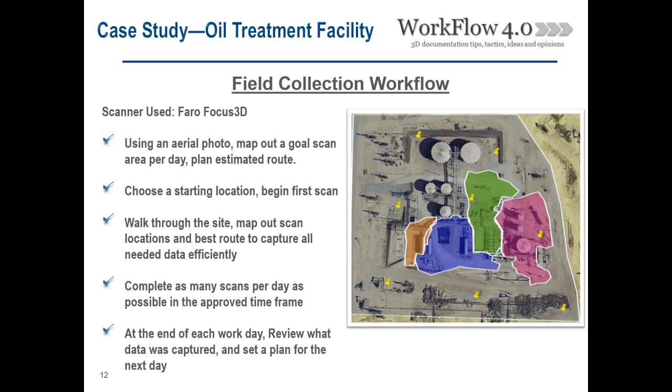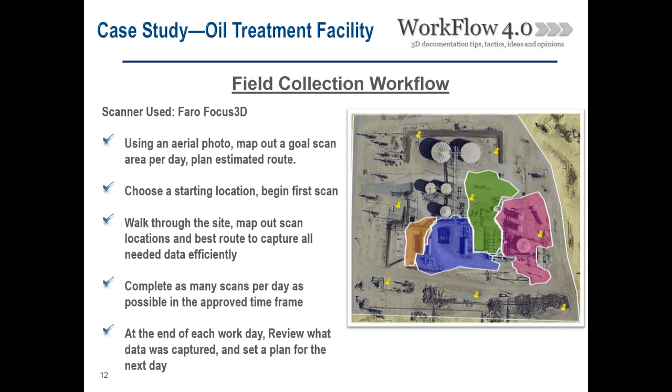We start by using the aerial photo and map out a per day scan area we want to try to capture. Obviously we had a priority area being what we needed to model, and we made sure we covered that first. As a best practice, once you get in the field, we would choose where we want to start and get that first scan going as quickly as possible.